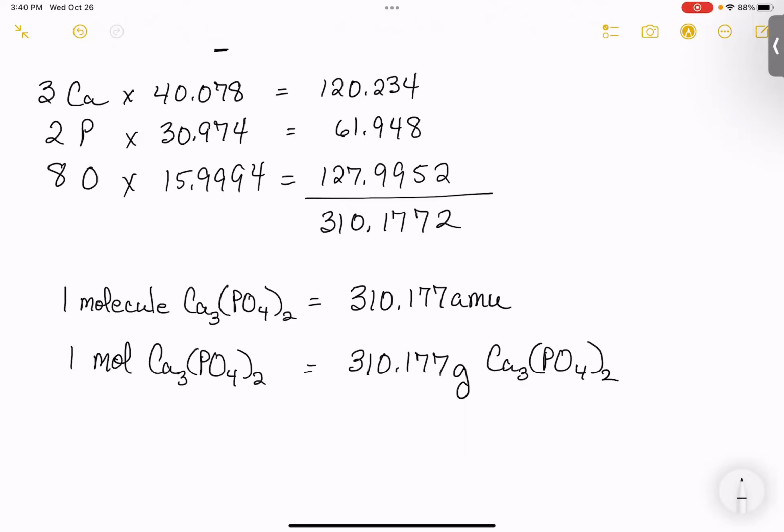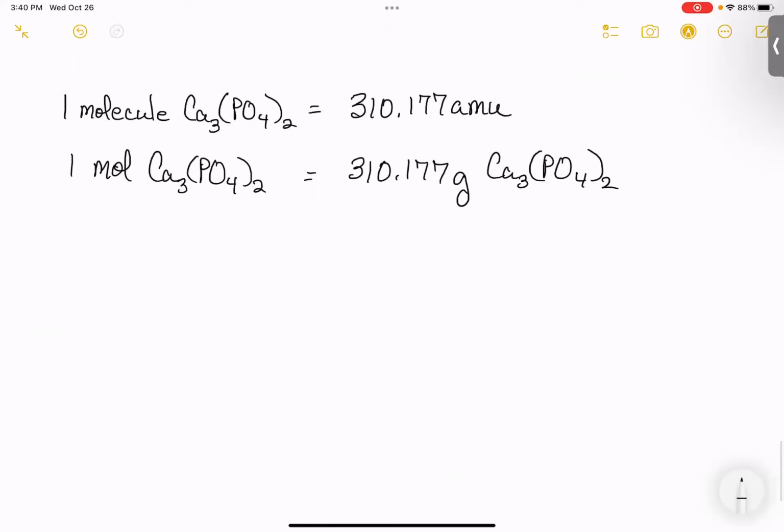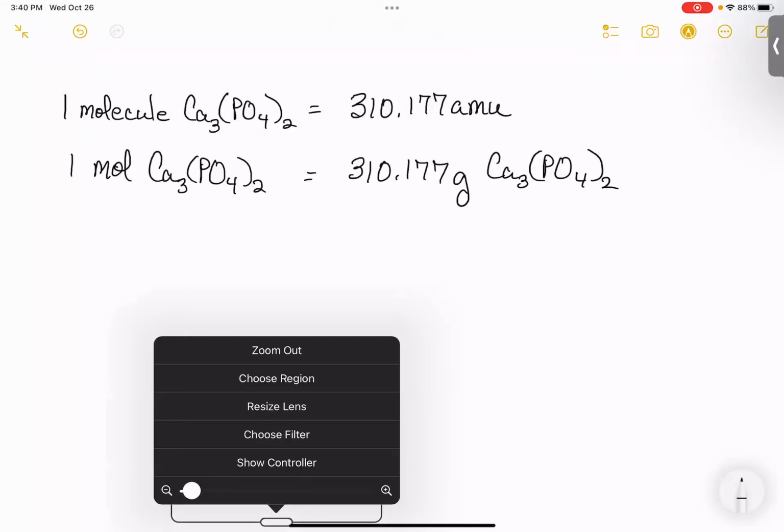This is the homework for today. What I'm about to do is not homework for today, but it's going to be homework eventually. Because I have just now given you some new conversion factors.